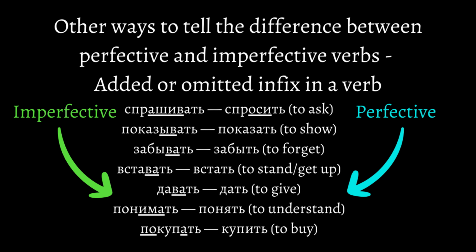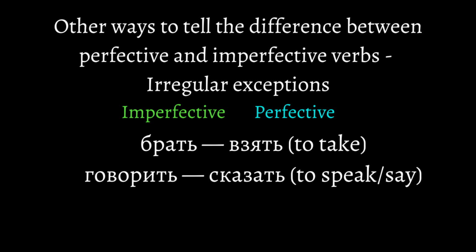Показывать, показать. Забывать, забыть. Вставать, встать. Давать, дать. Понимать, понять. Покупать, купить. The last way can be irregular exceptions, like брать, взять, and говорить, сказать.